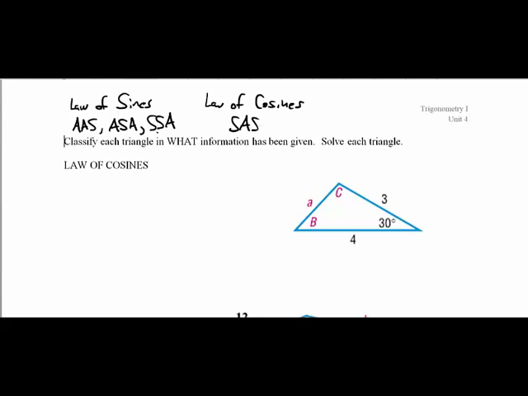We can't use the law of sines for this triangle that's pictured here because we do not know the side across from the angle. So the sine of A divided by a would have a missing piece, and then the sine of B divided by b would also have a missing piece, and with two unknowns, it's not going to work with just one law of sines equation. Now, another combination that would work for the law of cosines is side, side, side.